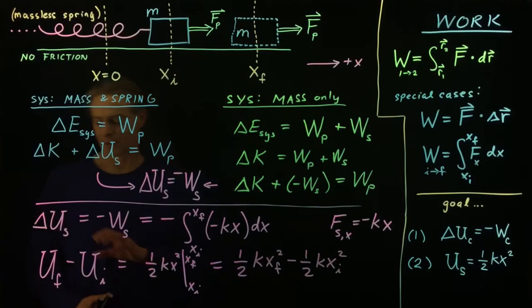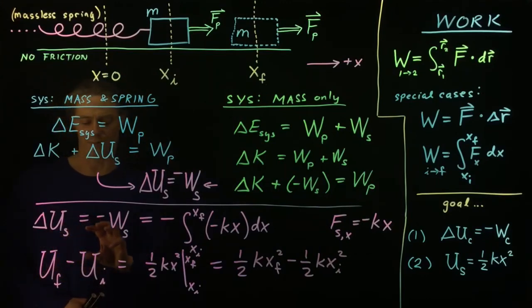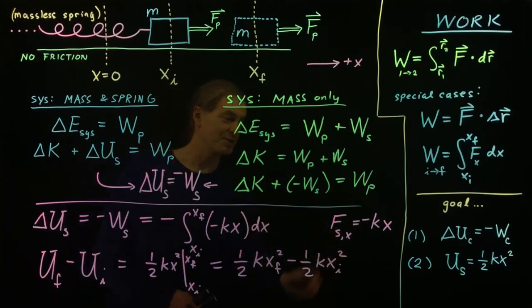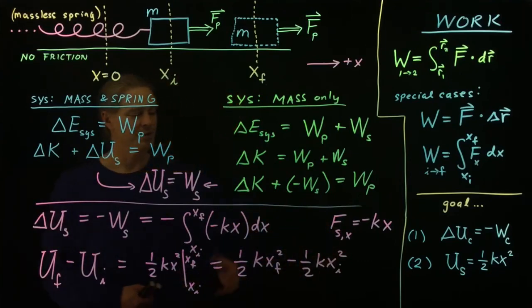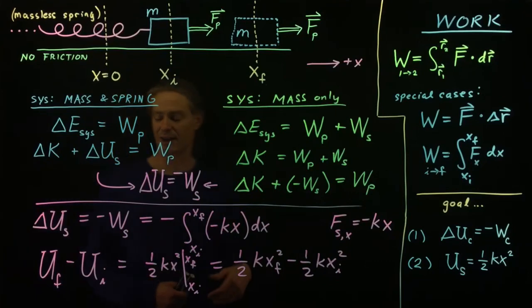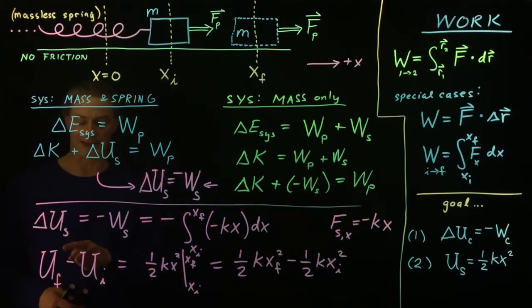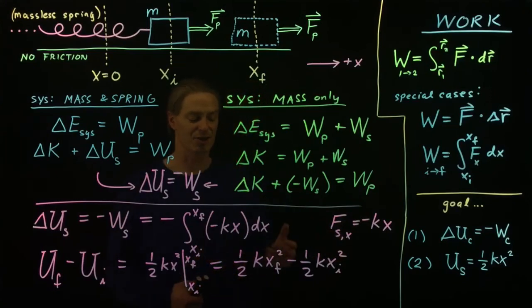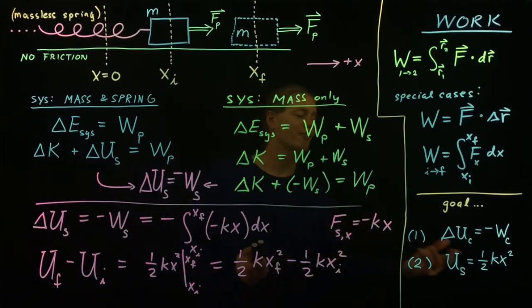So that is the final potential energy minus the initial potential energy is this minus this. So from that, we infer that the potential energy of the spring, and I probably could have had an S subscript on here as well, I've just left it off here. That spring potential energy has the functional form 1/2 kx squared.